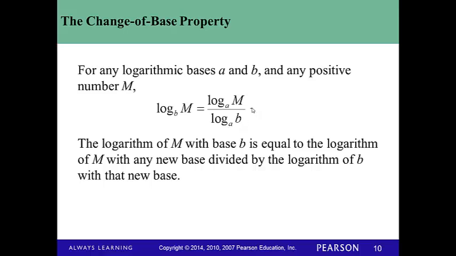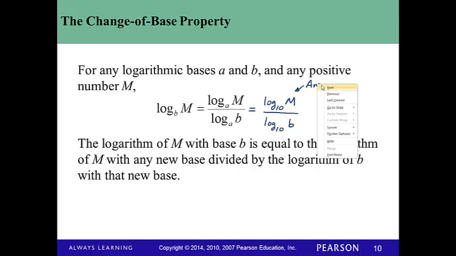So how I write this could be written as log base 10 of m divided by log base 10 of b. So you first put your argument, so you got log base 10 of your argument, and then log base 10 of the base, and that's your change of base formula.